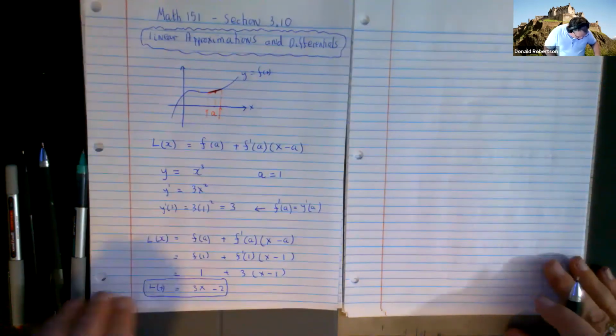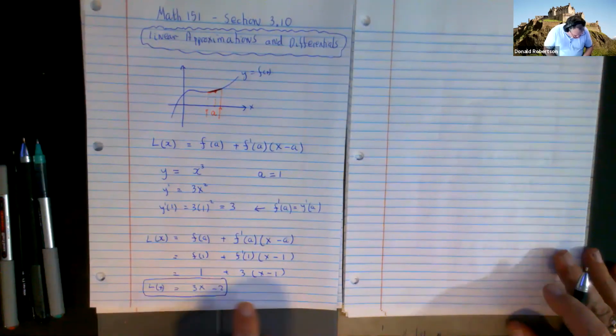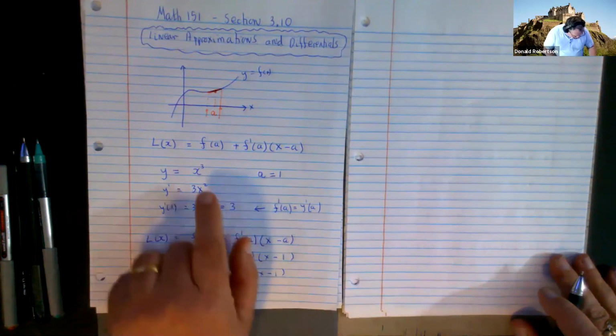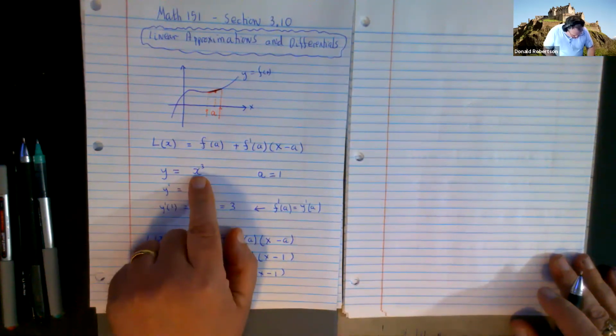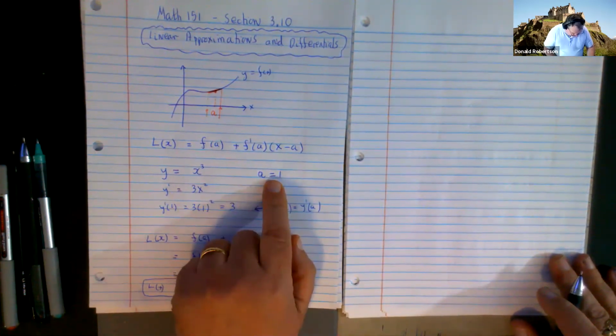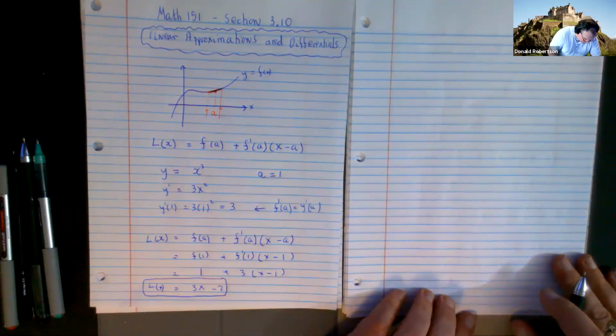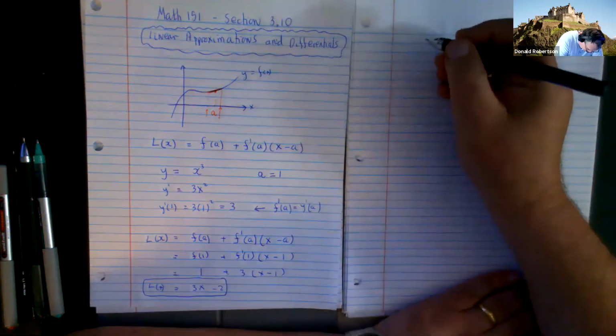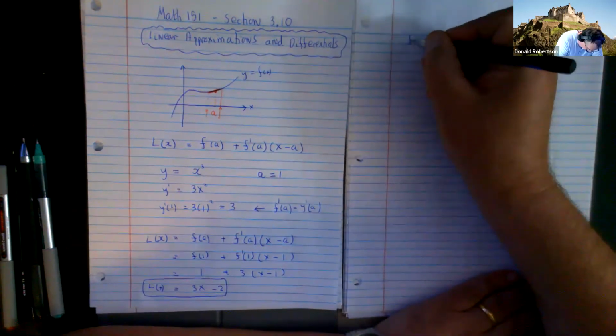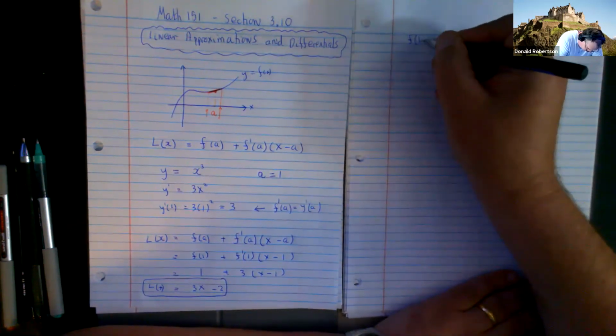Now let's take this function and see if we can use it to estimate the value of y equals x cubed at some number that's close to 1. We could, for instance, evaluate it perhaps at, I don't know, let's say 1.05.